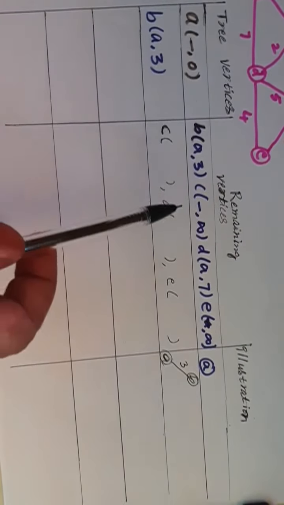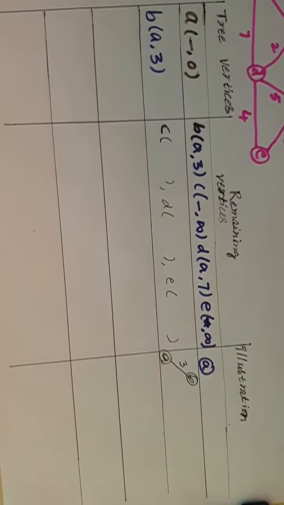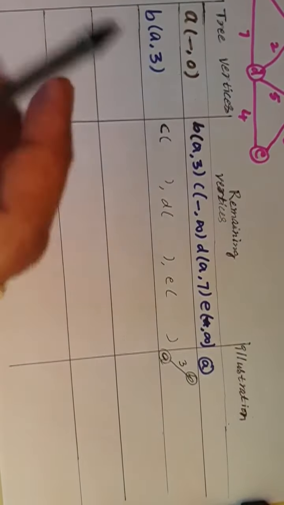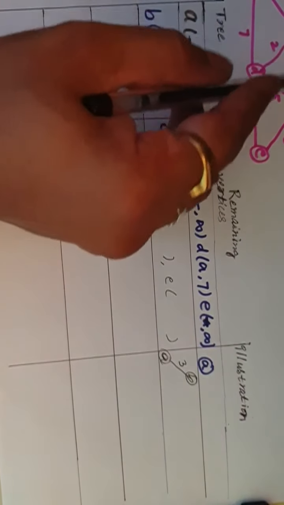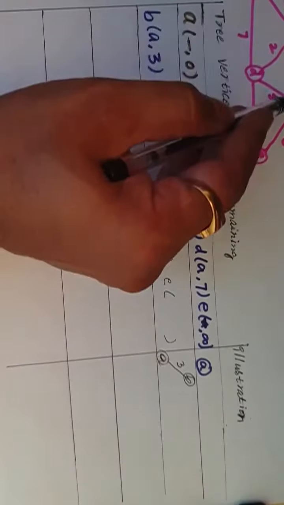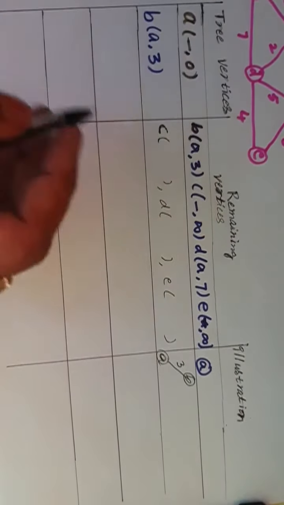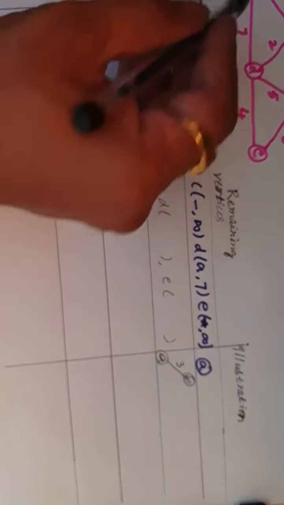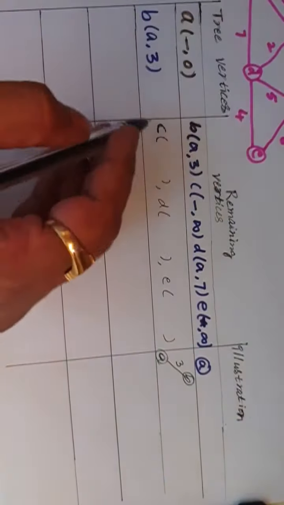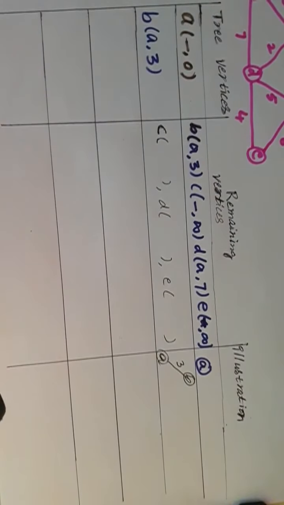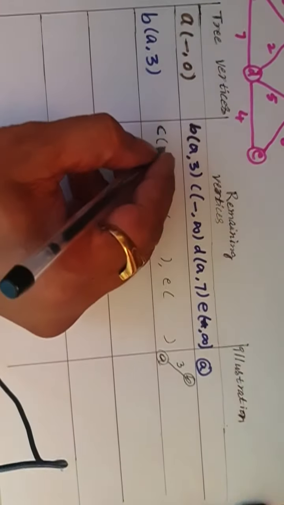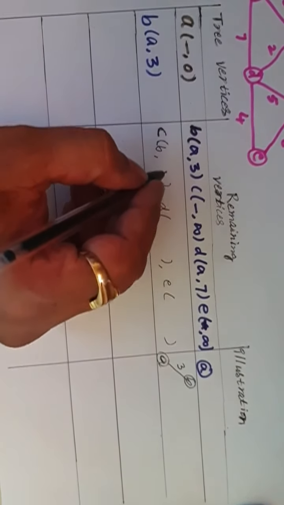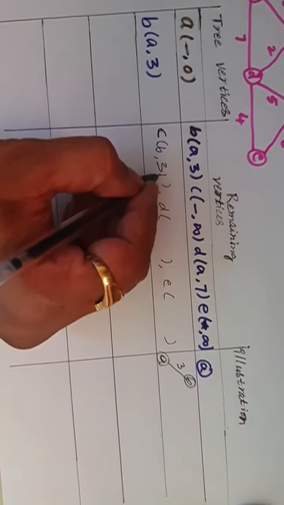Initially c was null and infinity. Now c is connected to b, so I can reach a from c through b. Hence I am going to write c of b comma, and the cost is 3 plus 4.